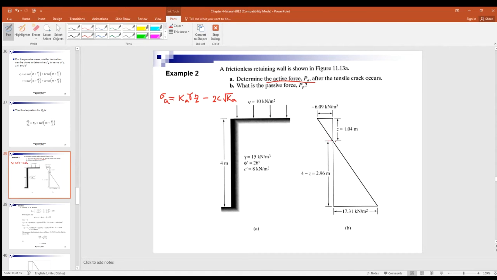Now here, for this point, the pressure is equal to 0, right?